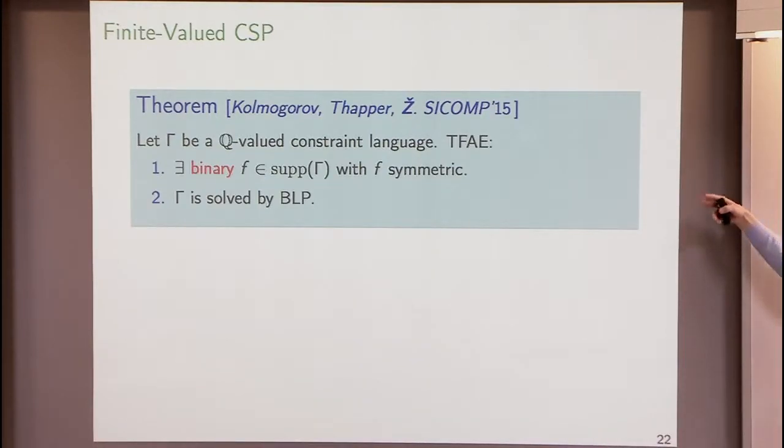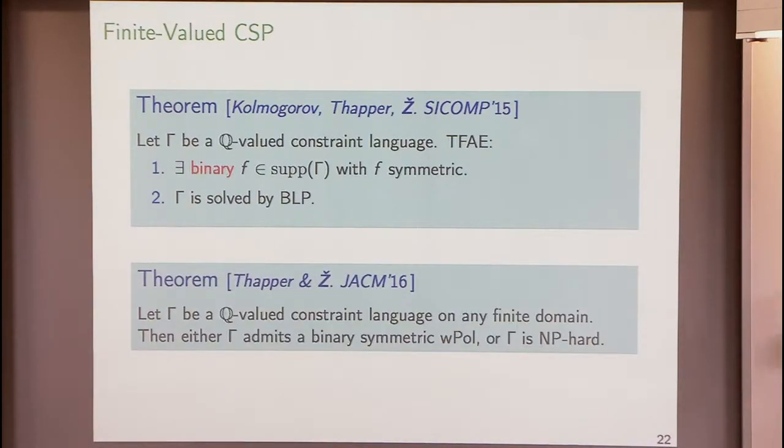So this is decidable. This is easily decidable using linear programming again. And as it turns out, for these languages, for Q-valued constraint languages, these are the only tractable cases. So the result here says that if you have a Q-valued constraint language on any finite domain D, either gamma admits a binary symmetric fractional or weighted polymorphism, or gamma is NP-hard.